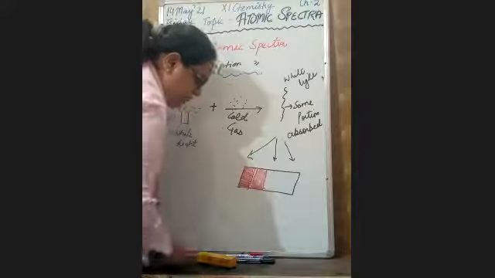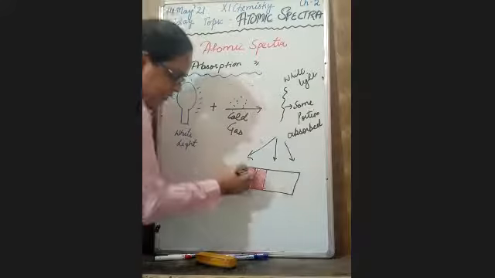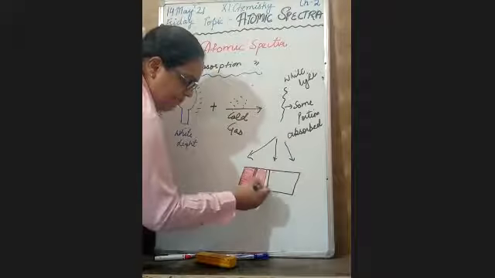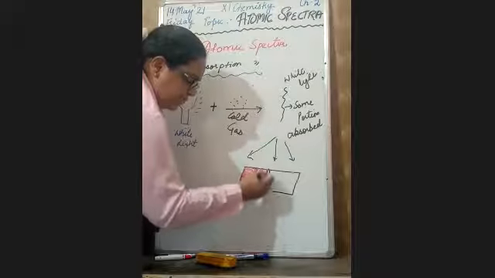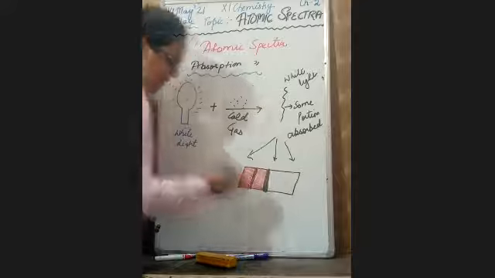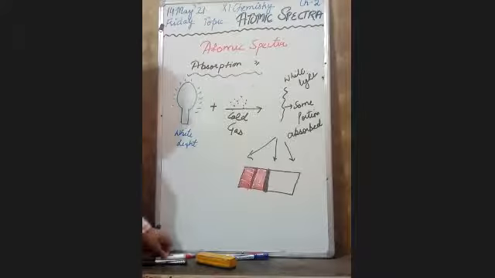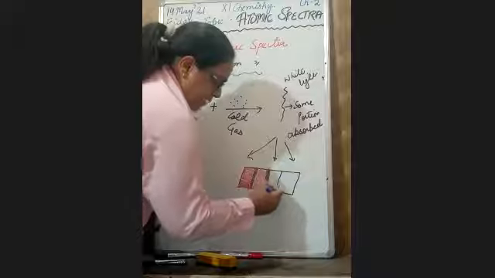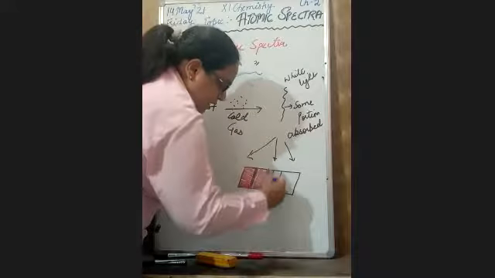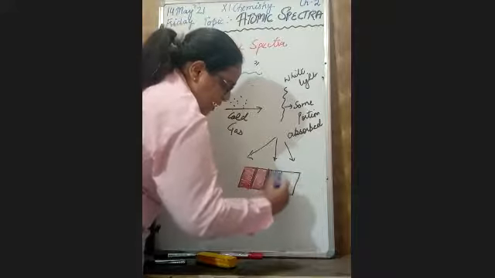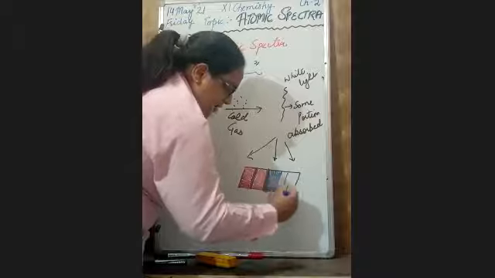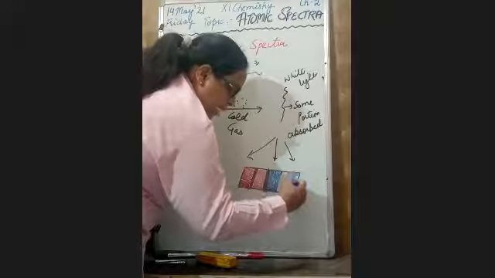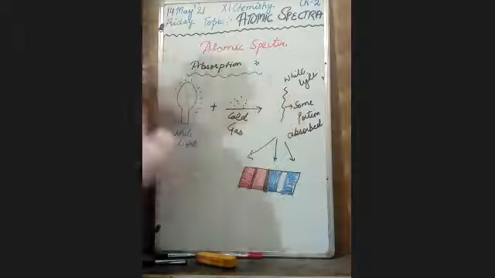Dark bands represent those regions of the spectrum which absorb the light. You can see I am representing this dark band. This is the continuous spectrum in which some dark bands are present, and the dark bands represent those regions which are absorbed by the matter.